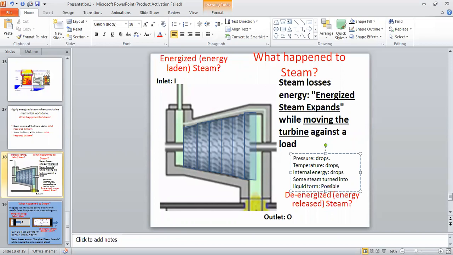Possible. See, it lost so much energy. Finally, that highest energy, low temperature, low pressure. It is no more 100% steam, maybe partially liquid, partially vapor.